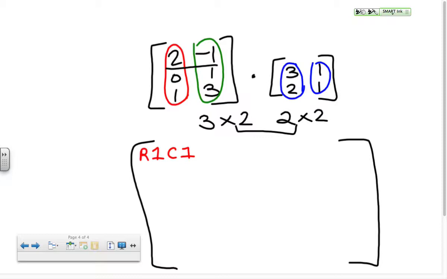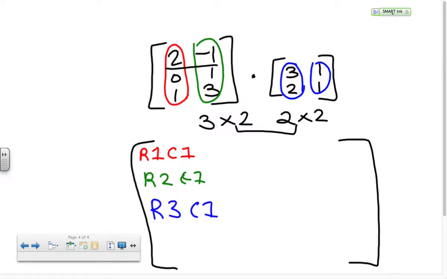That's why we have to have the same number in the middle. Then our second number is going to be row 2, column 1. Any guesses on the third one? I know you can't answer me because you're out there. We're going to have row 3, column 1.